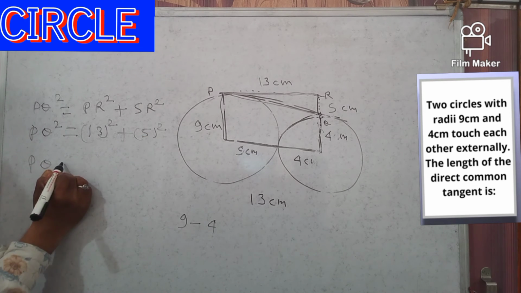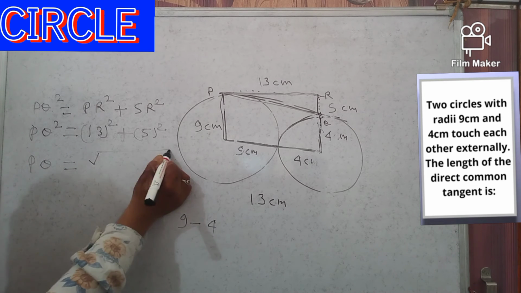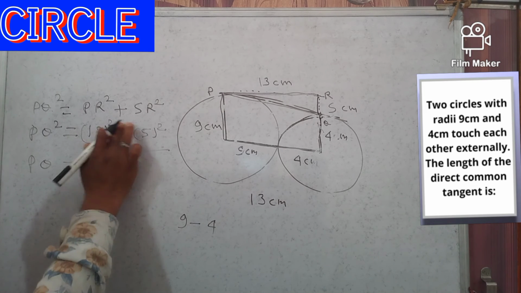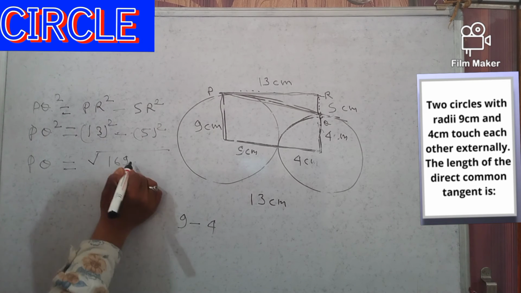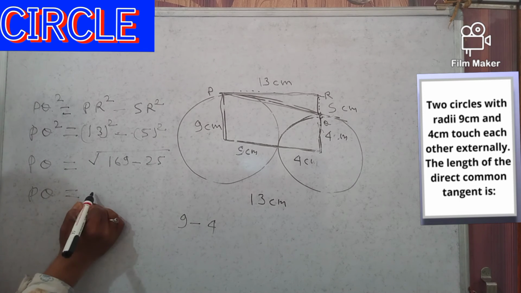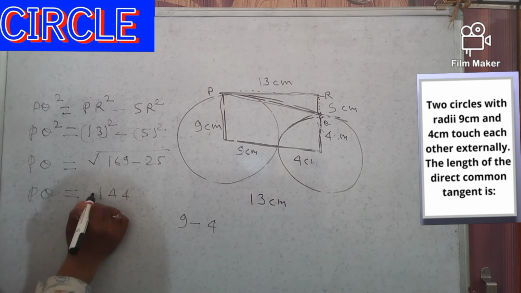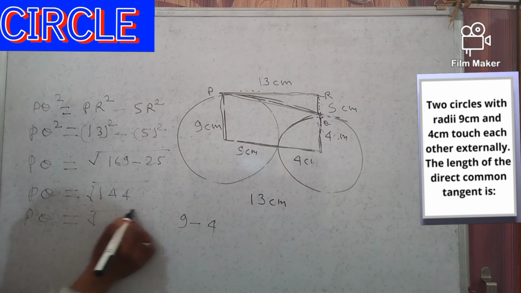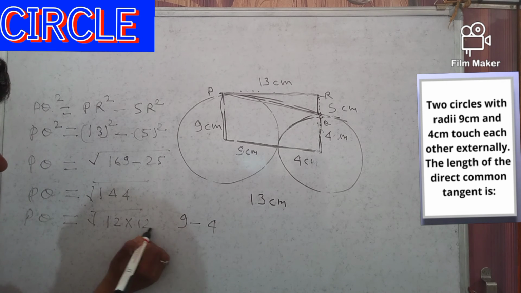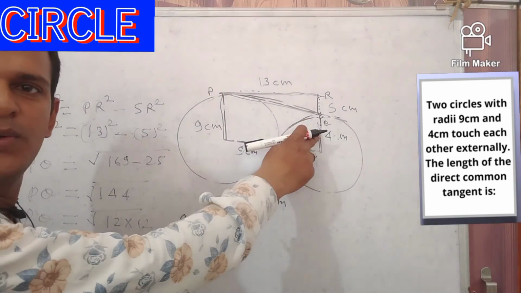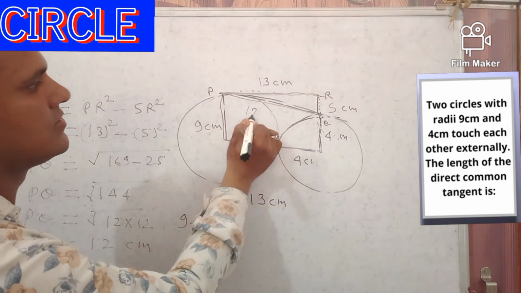So PQ is equal to under root 169 minus 25, which is under root 144. So PQ is equal to under root 12 into 12. So PQ is equal to 12 centimeter.